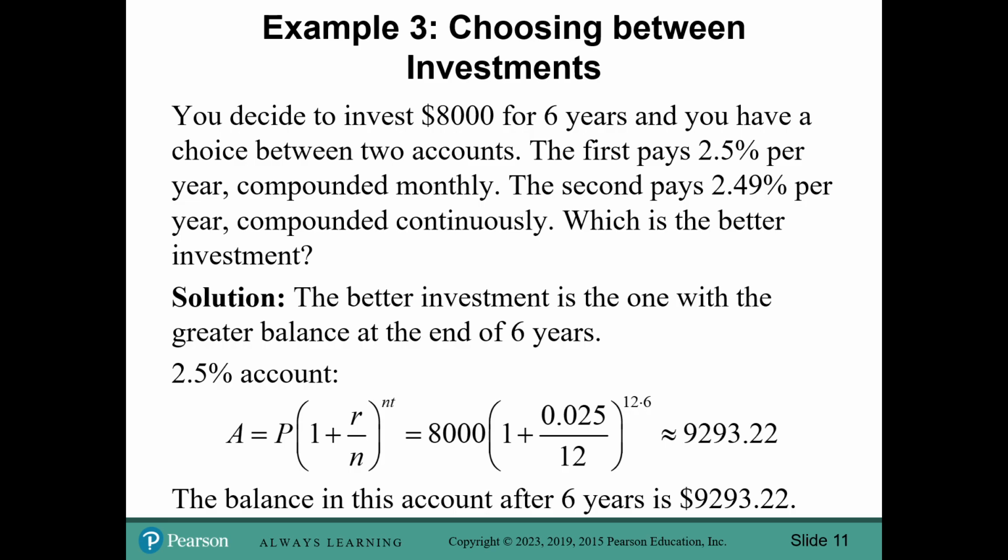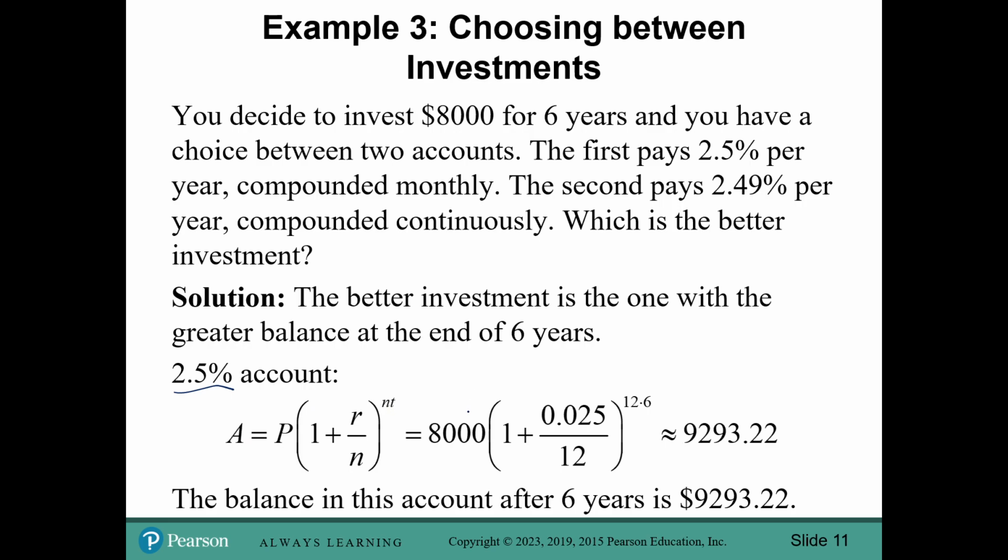Let's see which one's going to give us the most money after that period of time based upon the formulas that we have. Let's start with the 2.5% compounded monthly. So we're looking at this 2.5% account right here. We're going to use the formula for compounded monthly, or compounded a certain number of times per year. That's A equals P times (1 plus r over n) raised to the nt.